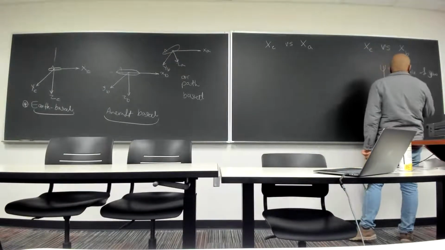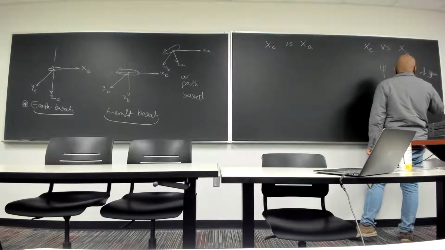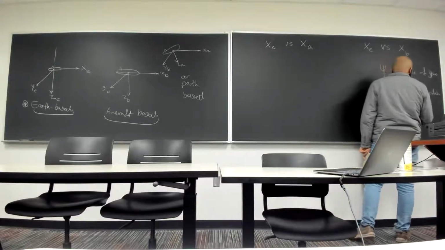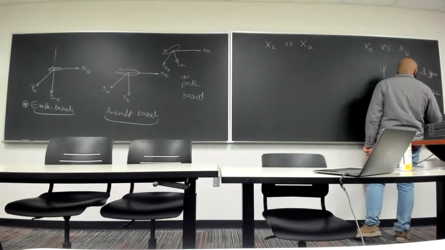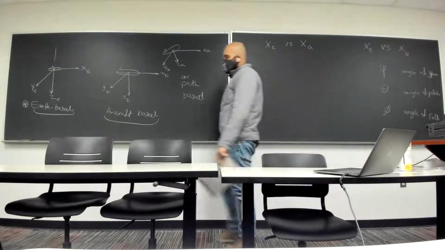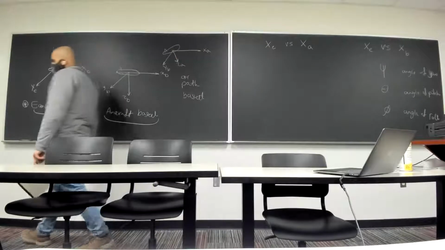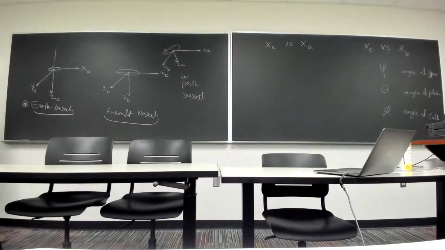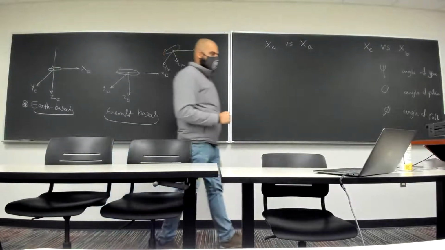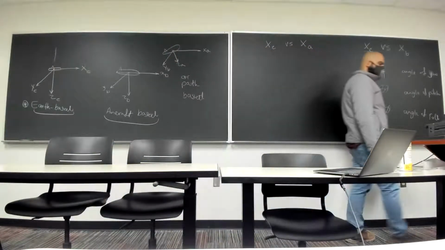Theta, angle of pitch, and then phi, angle of roll. So these are the angles that the coordinate system of the body makes with the Earth-based coordinate system.